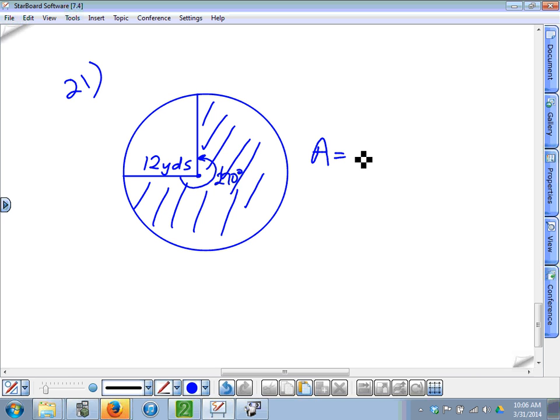So we need to use the formula. Area is 1/2 times the radius squared times the angle. As long as we can get the angle in radians, then we can use that formula. So the first task should be to convert 270 degrees into radians.